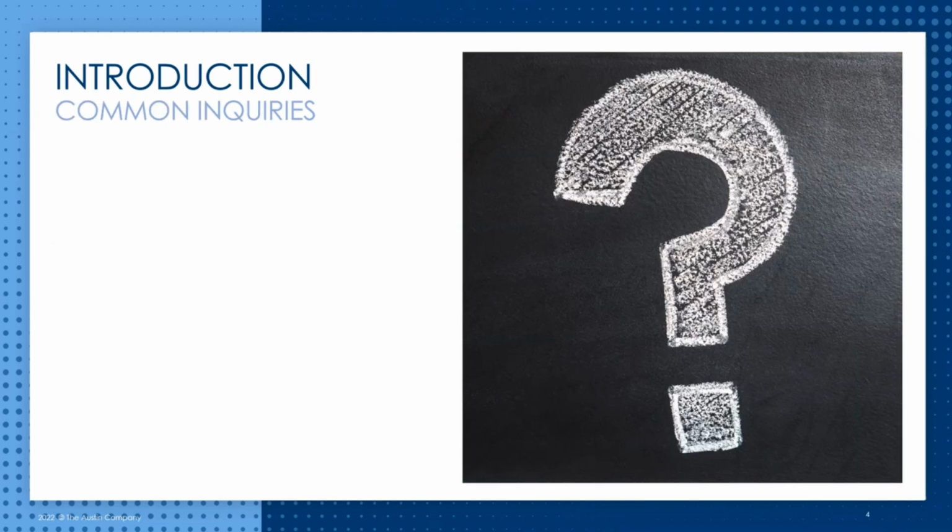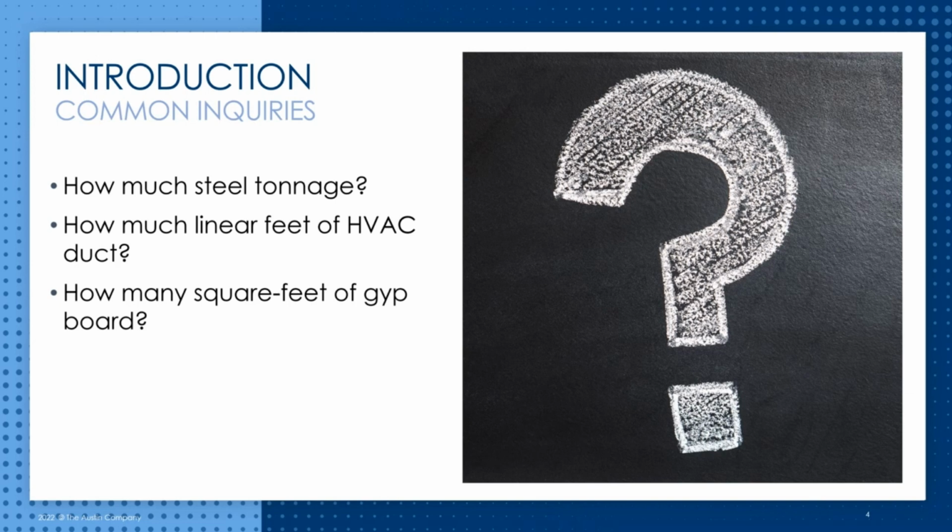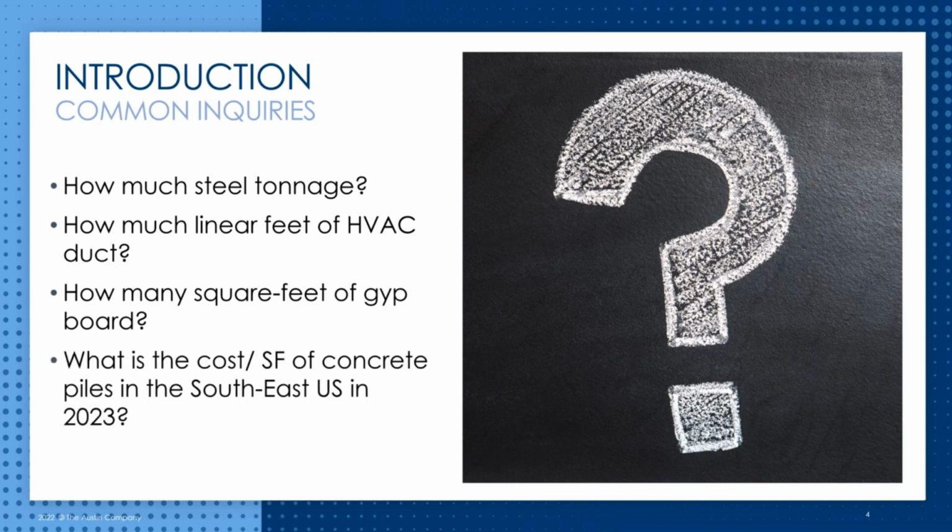In our industry, we're all familiar with the types of questions related to quantities and cost, which arise time and again. How much steel tonnage does this project have? How about linear feet of HVAC duct? What about total square feet of gypsum board? A deeper probing question may be, what is the cost per square foot of a concrete pile foundation system for the southeastern United States region in 2023?